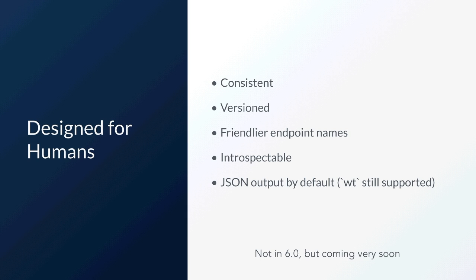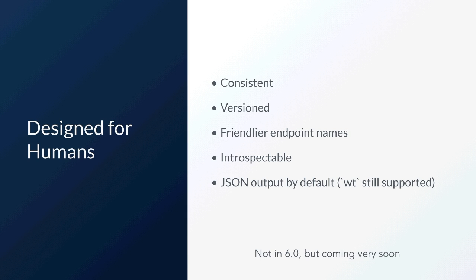The goals here are to make them consistent. Introduce versioning on the APIs, so as users we always know what we're working with. Make endpoint names friendlier, and make the API introspectable, so that you can query the API itself and find out what its available properties and commands are.